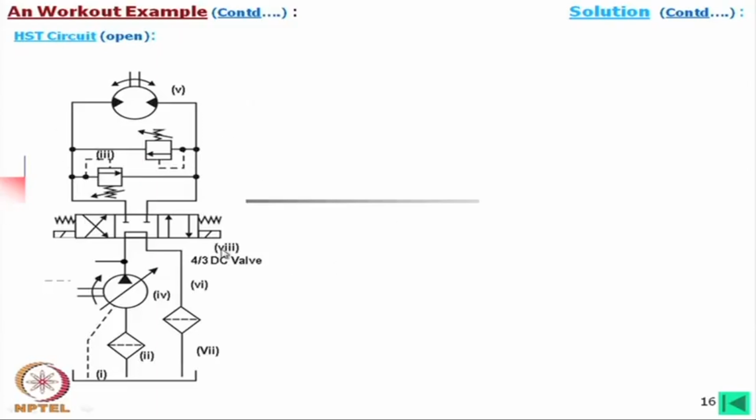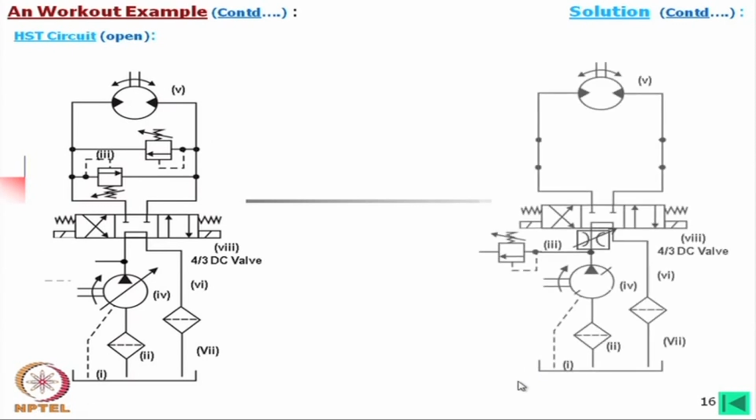The hydrostatic transmission system, although the same engine is the power source, is only for rotating the drum. Now, here the pump is variable displacement, but instead of a variable displacement pump, we can also use a flow control valve, that is another possibility.